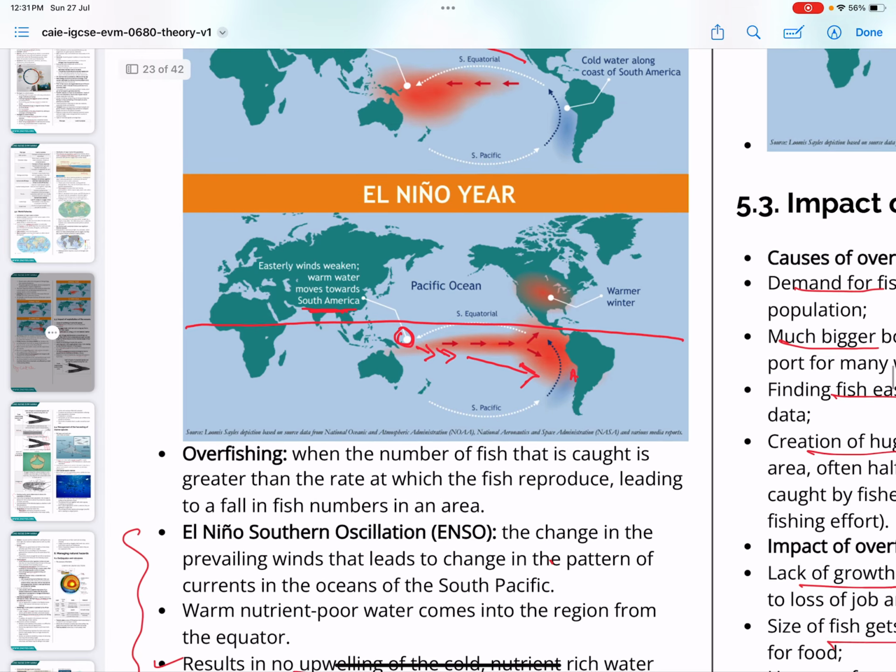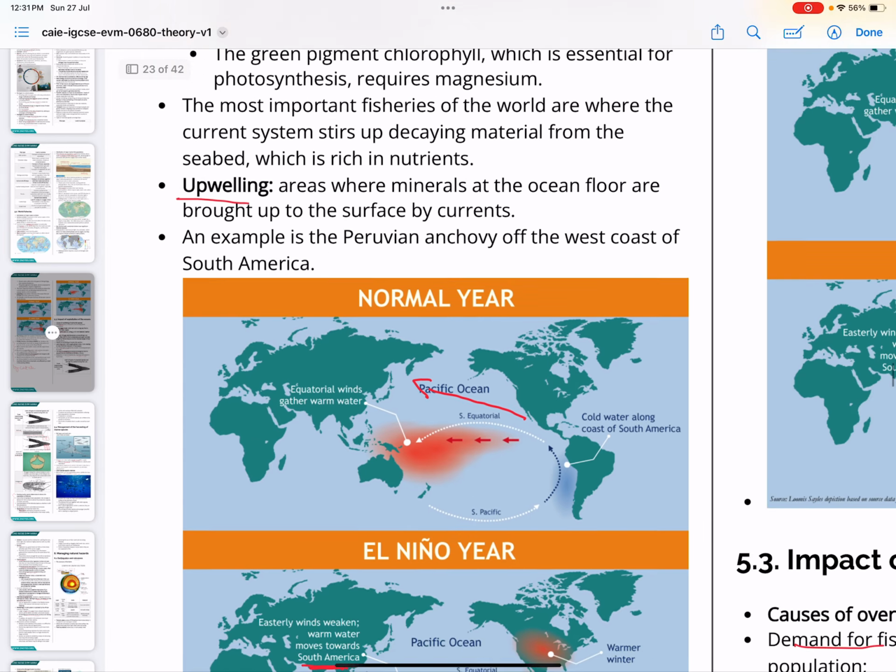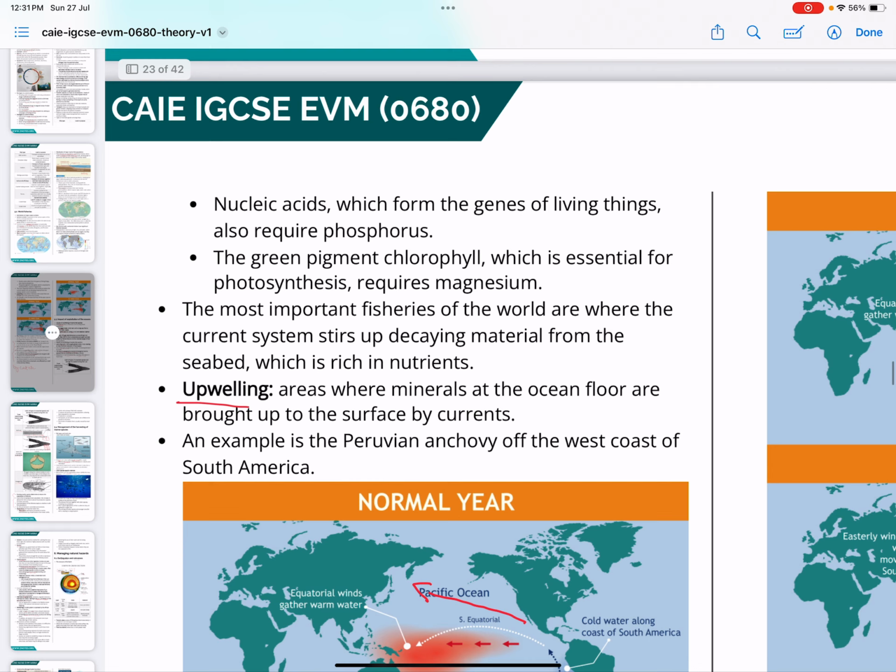Apart from bycatch, there is another terminology which is called upwelling. Now, what is upwelling? Upwelling is basically when the minerals available in the mud of the ocean at the seabed are sent upwards by the cold currents.